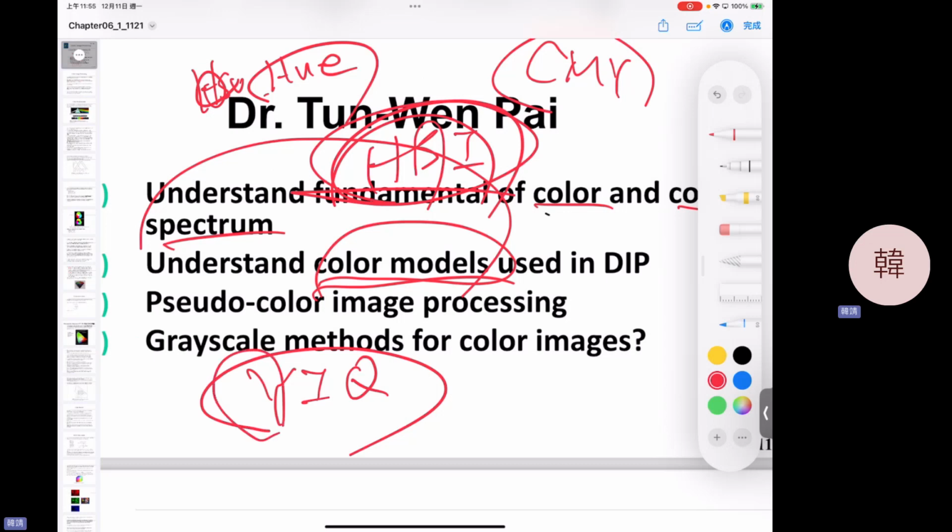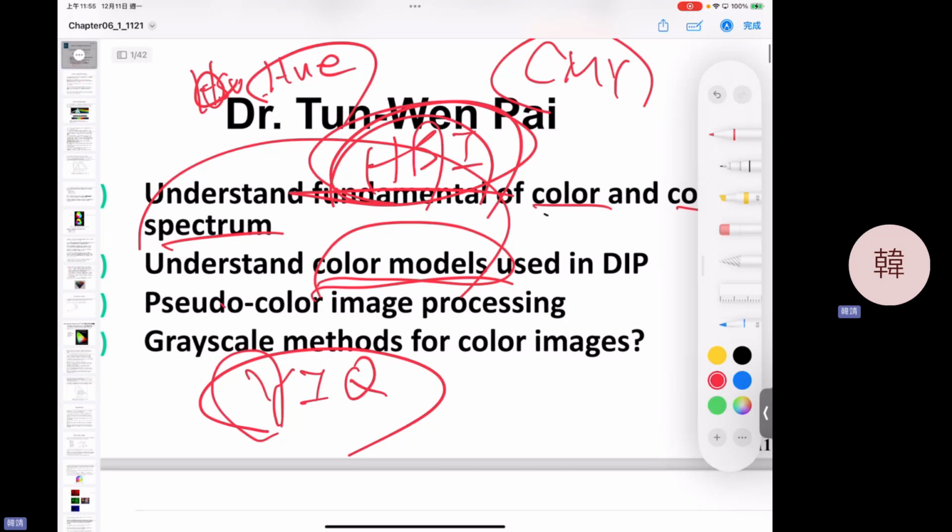If you have a black and white TV, you are going to discard these two channels. But if you have a color television, you have to use these two added to this intensity level. So this is the true gray level, for communication. So they have different color models.